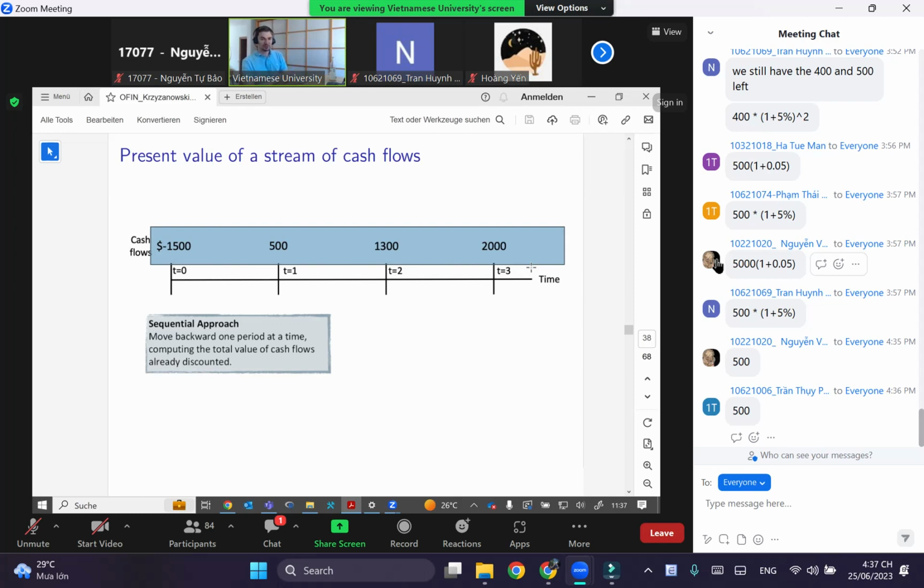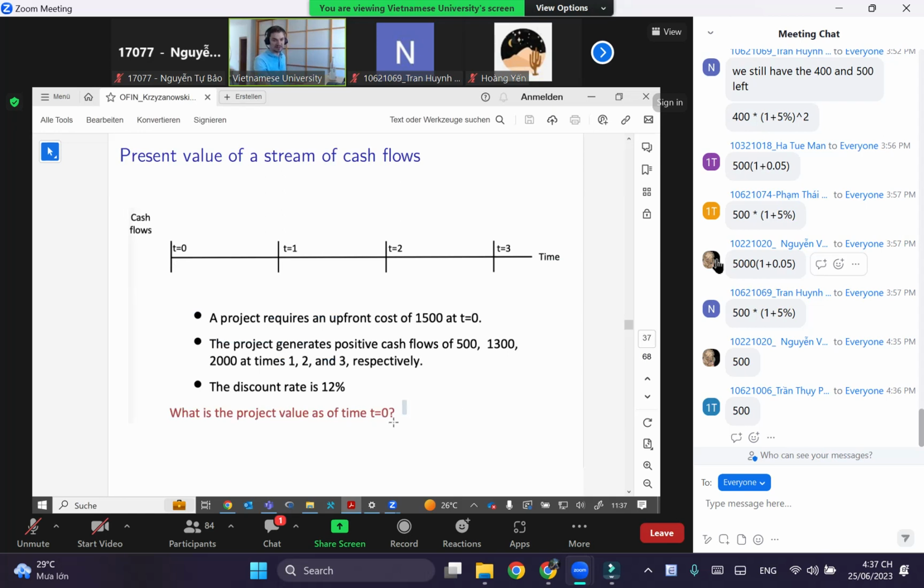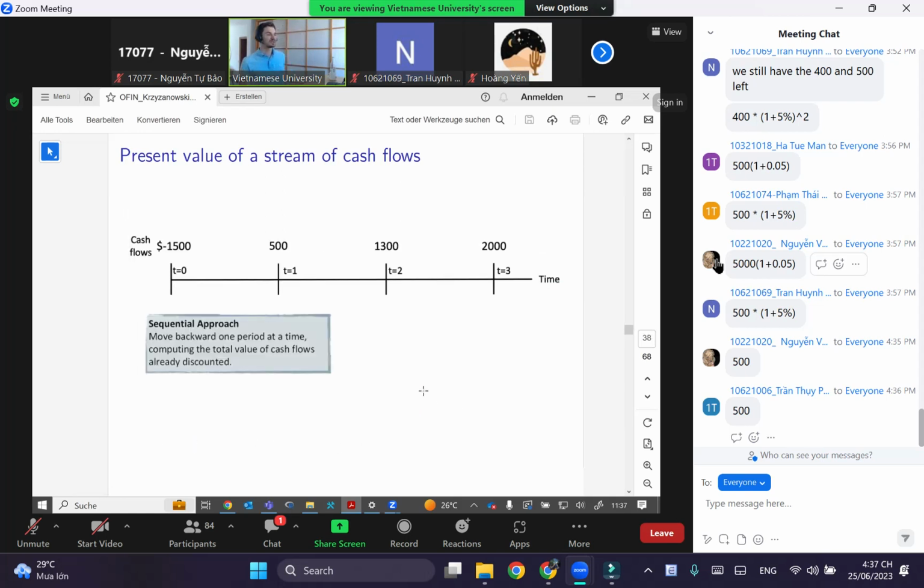And now we have to move backwards. Why do we have to move backwards? Because we are asked about the project value as of time 0. Put differently, what is the present value of the project? And the present value not only comprises our initial costs, but is also a function of the revenues in the subsequent time periods.